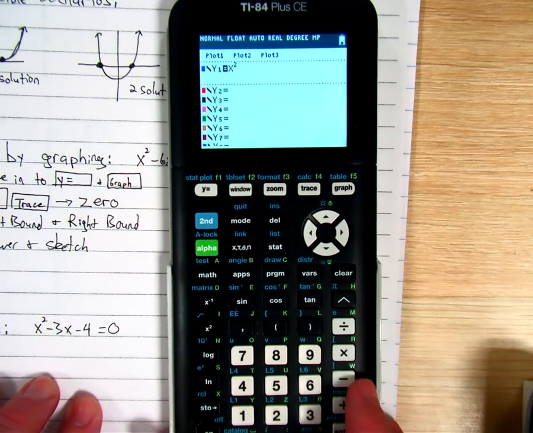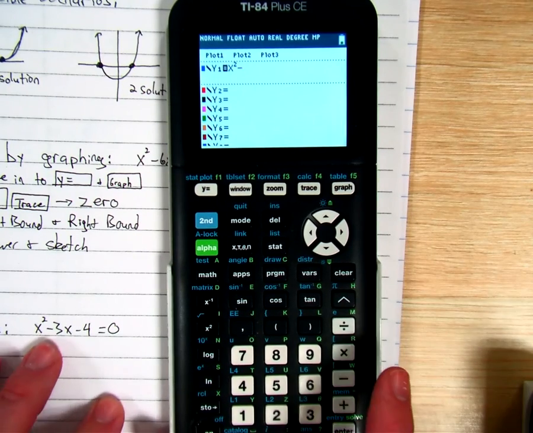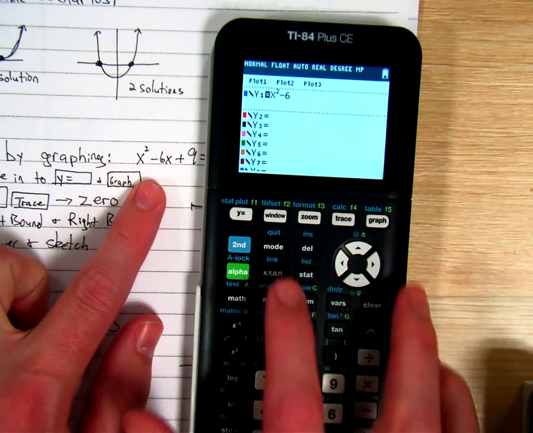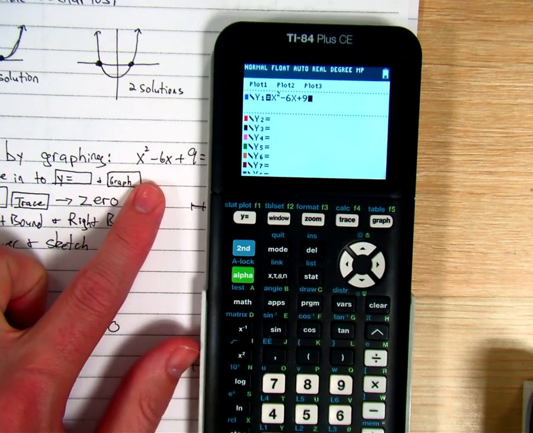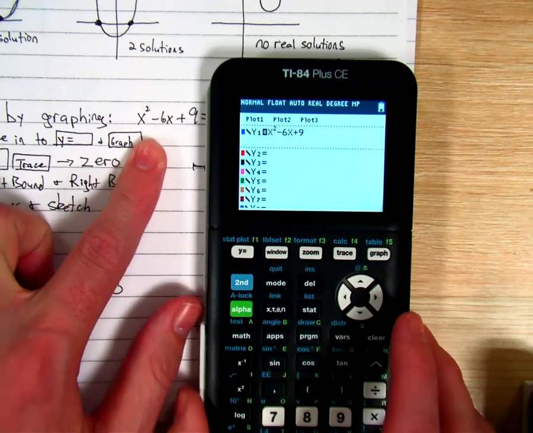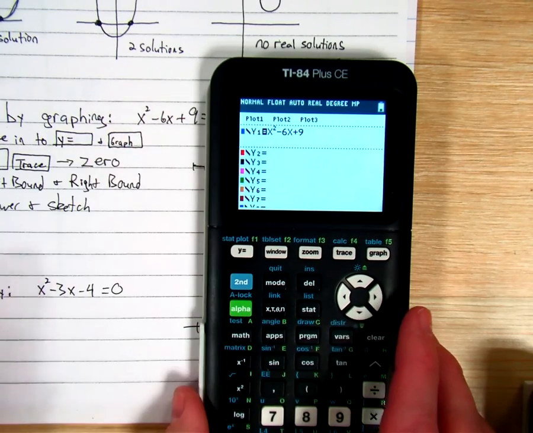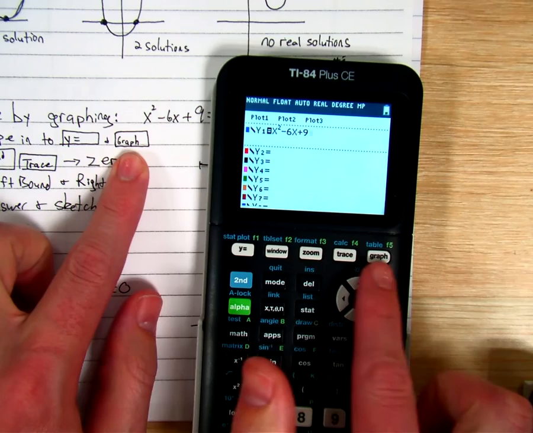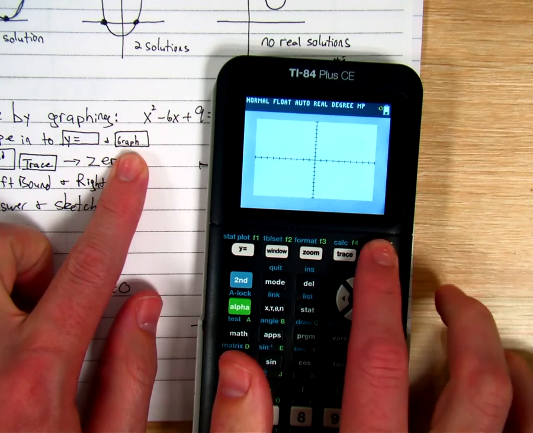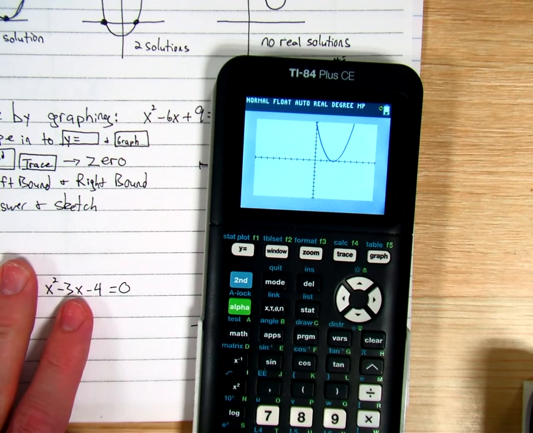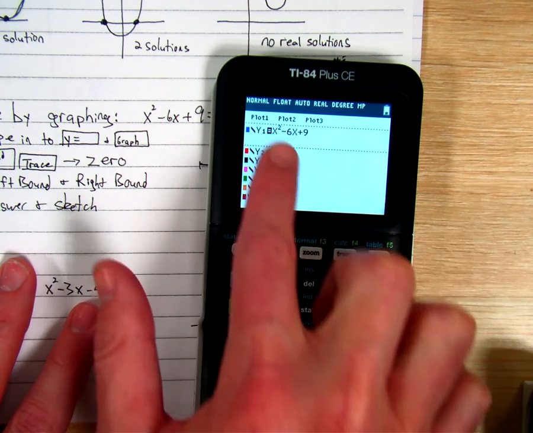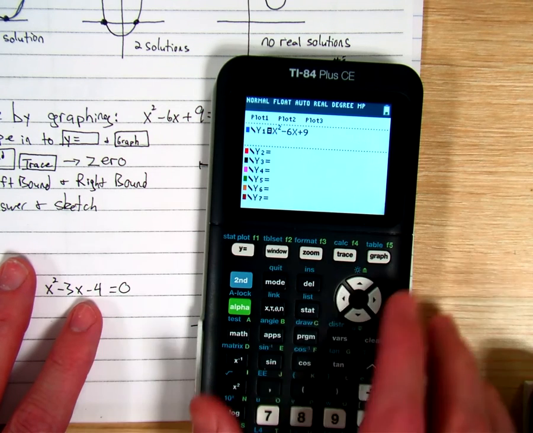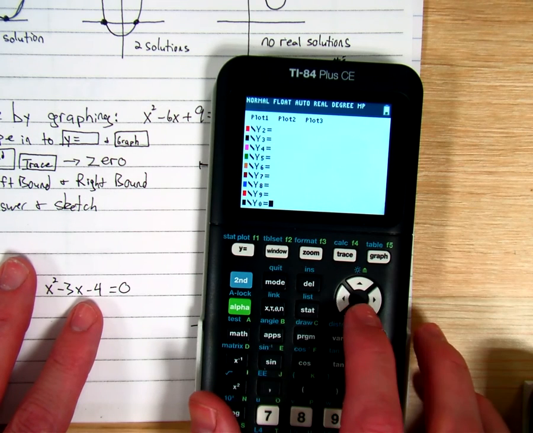So make sure you're pushing minus 6x plus 9. Okay, we got that typed in. And now we're going to push graph. It's the top right. And away it goes. If your calculator has some extra junk on there, like I said before, when we're in y equals, you might need to turn your stat plots off, or make sure all your y equals are cleared.